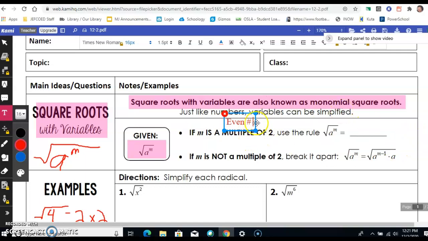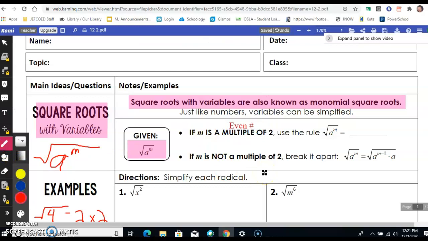All even numbers are multiples of 2. Okay? If it is a multiple of 2, we're going to use this rule, this formula. It's going to be the square root of our radicand, which is a, and m, our exponent, is going to be divided by 2. It's going to be split in half.